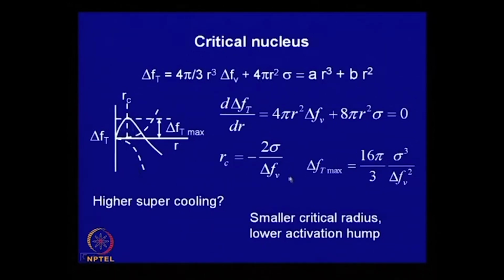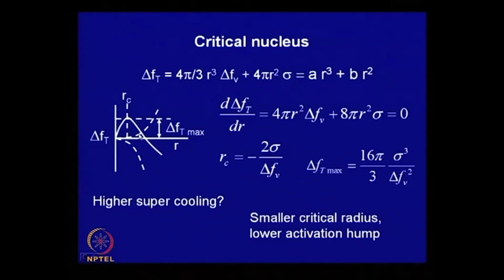So, this shows that the higher the supercooling, the smaller is the critical nucleus size, and also the higher the supercooling, the lower is the height of this energy hump.